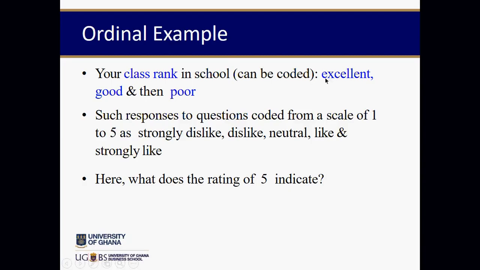So you can code the same thing here, right? Such responses to questions are coded from a scale of 1 to 5 as strongly dislike, dislike, neutral, like, and strongly like, the same way as strongly agree, disagree. Here, what does the rating of 5 indicate?